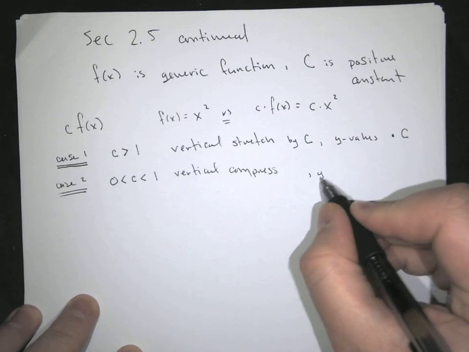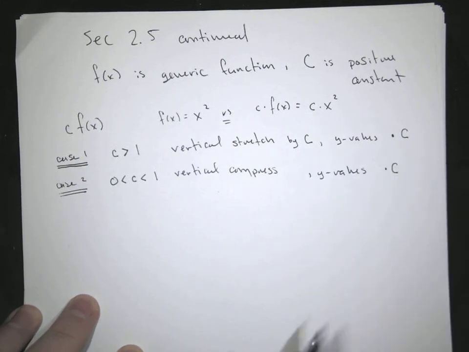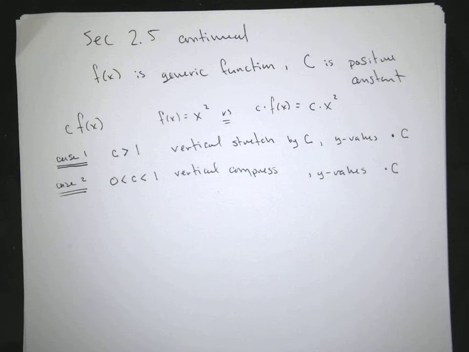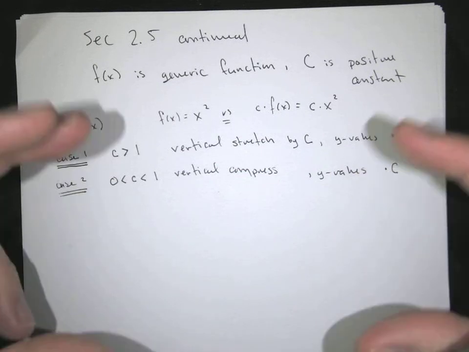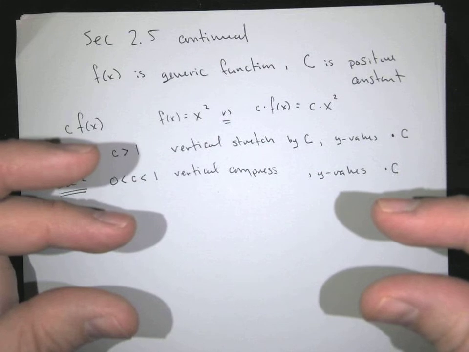It's the same idea: we take our y values and multiply them by whatever c is. If c is 1/2 or 1/3 or 3/4, then you're going to get that fraction of all your height values, and everything is going to compress towards the center.